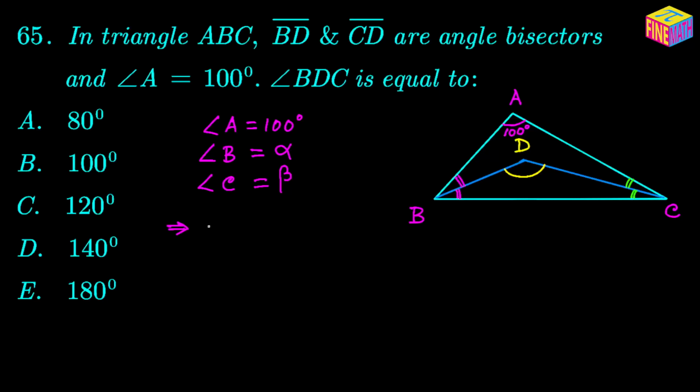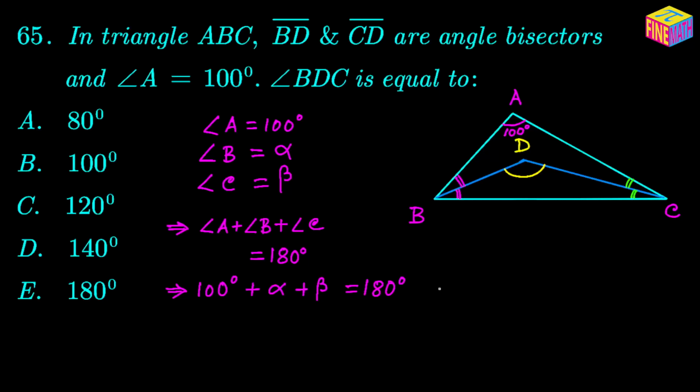So angle A plus angle B plus angle C is 180 degrees: 100 degrees plus alpha plus beta equals 180 degrees. From here you can clearly see that alpha plus beta will be 180 degrees minus 100 degrees, that is 80 degrees.